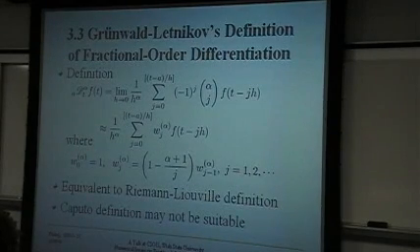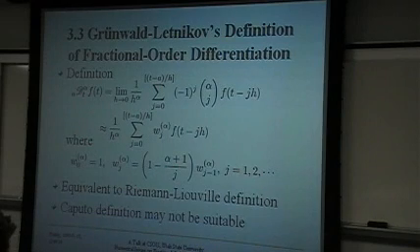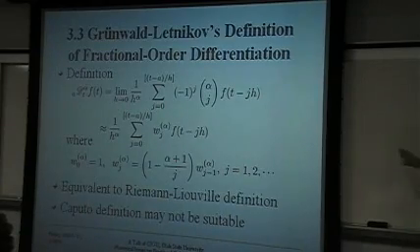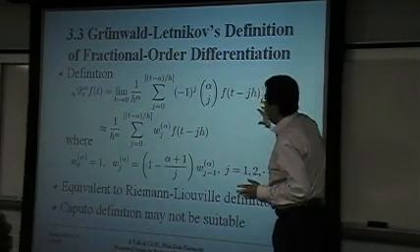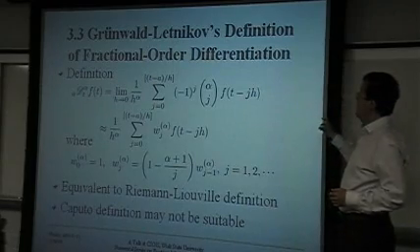So now let's consider an alternative way for solving the problem. Let's go back to the Grünwald-Letnikov definition of fractional order differentiation. This is a standard definition. I think Professor Li presented this part to you.